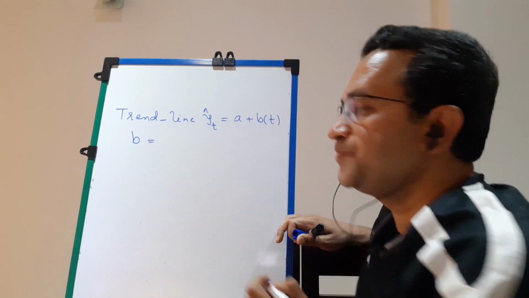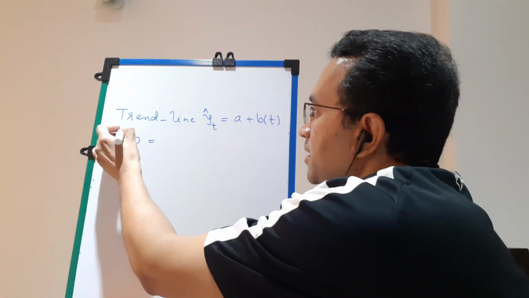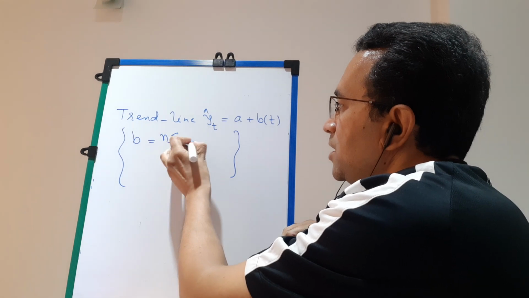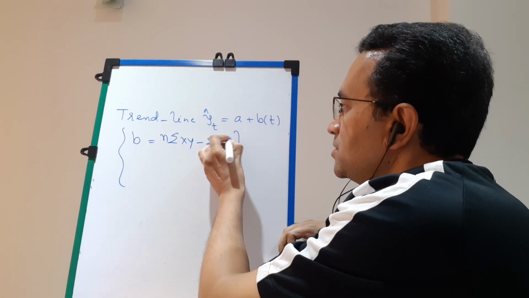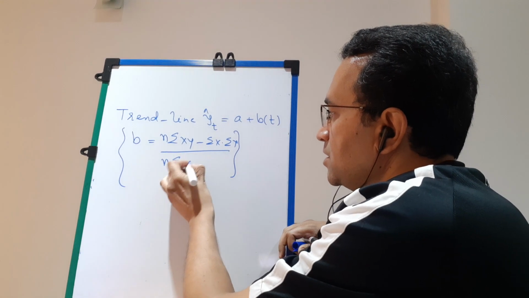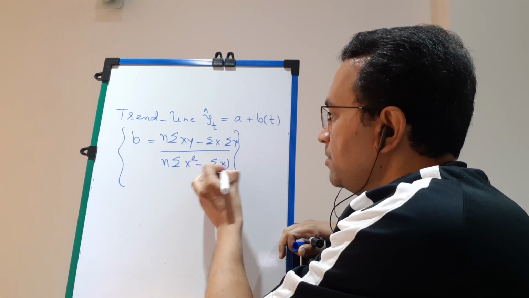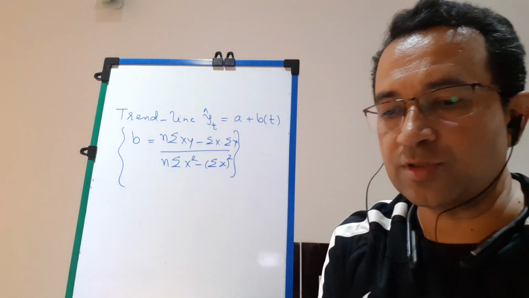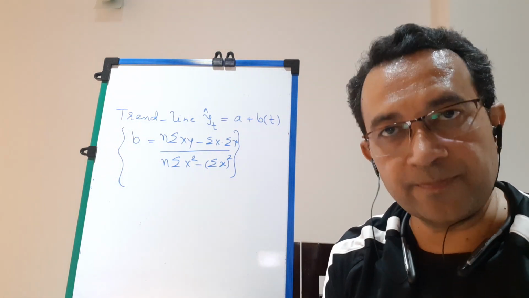Now b, first I am writing the formula of regression: n sigma xy minus sigma x into sigma y upon n sigma x square minus sigma x the whole square, students. I suppose all of you remember this formula.